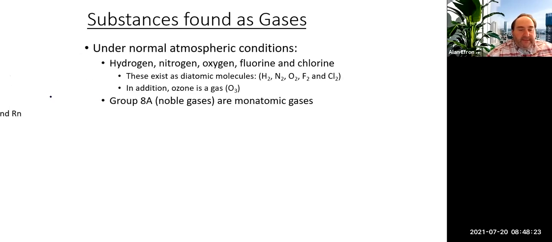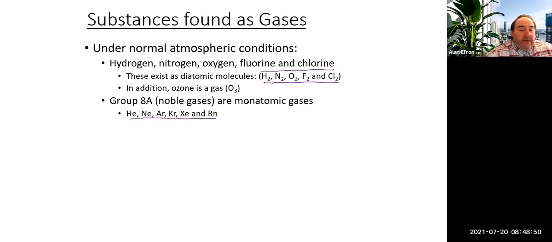So what are some substances that are found as gases under normal conditions? Things like hydrogen, nitrogen, oxygen, fluorine, and chlorine. Those are all of our diatomic molecules that are elements that we talked about. In their normal situation, these are obviously gases. Ozone, which is O3, is a gas. And then obviously our group 8, which is our noble gases.